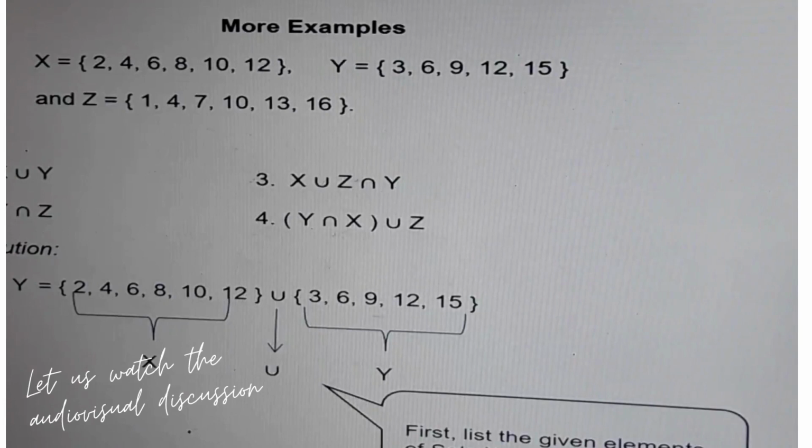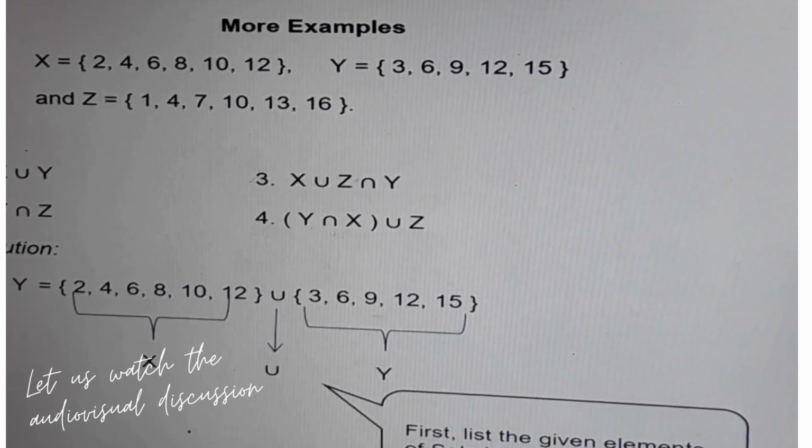These are the numbers 2, 3, 4, 6, 8, 9, 10, 12, 15. Those are the numbers considering the union between X and Y.